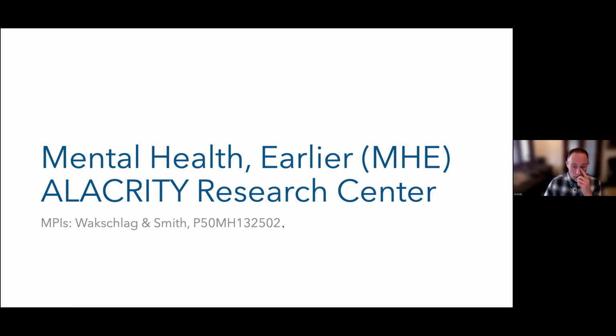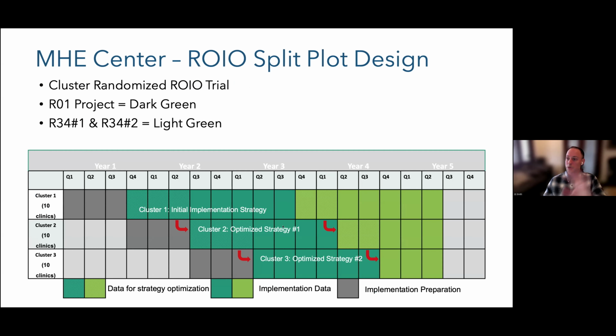We have a newly funded P50 from NIMH that is using a ROIO design, but it is a ROIO split plot, meaning, similar to those prior rollout examples that I had, there are multiple exposures. In this one, we have one project that is going to start and go through the ROIO process, so 2 attempts to get better, and then after a period of time, additional implementation strategies that are a priori are going to be added.